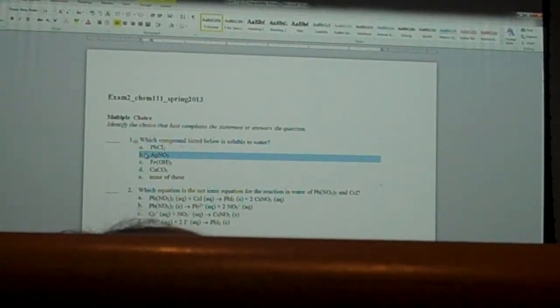You should know this one, because chlorides are soluble except for silver, lead, and mercury. So that one's not soluble. What about silver nitrate, soluble, yes or no? How do you know, Lexi? Because all nitrates are soluble. Very good.